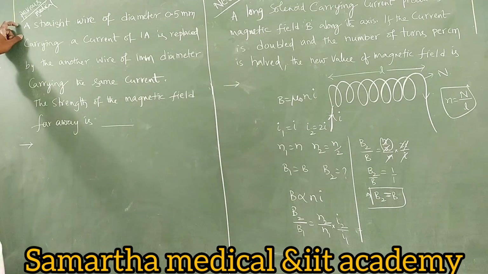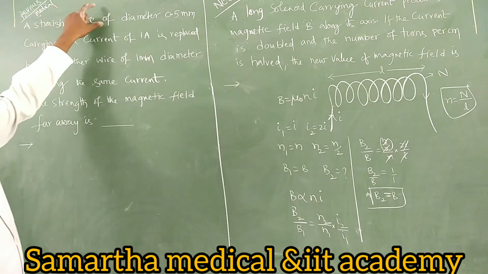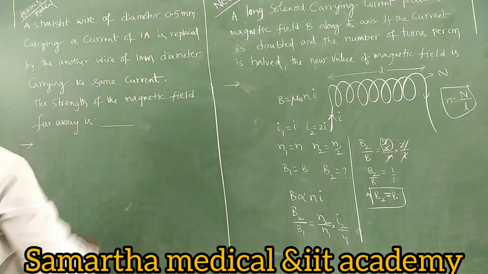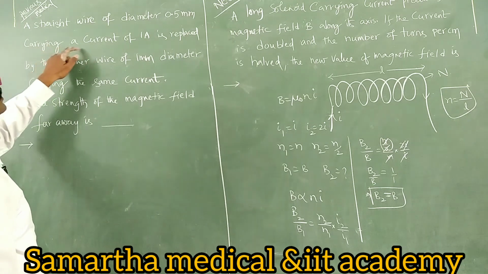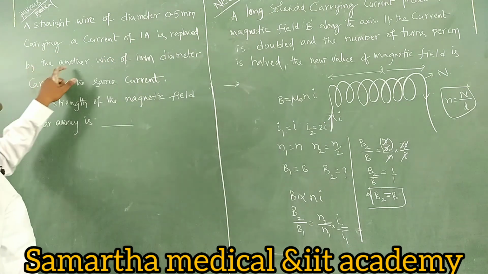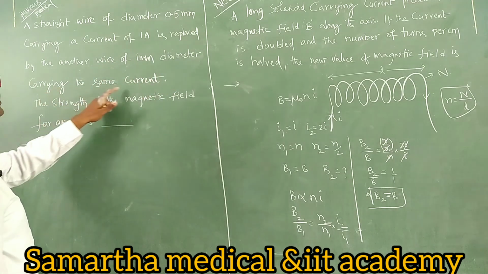Yes, see the next question which is asked in the previous year's medical question. A straight wire of diameter 0.5 millimeter carrying a current of 1 ampere is replaced by another wire of 1 millimeter diameter carrying the same current.